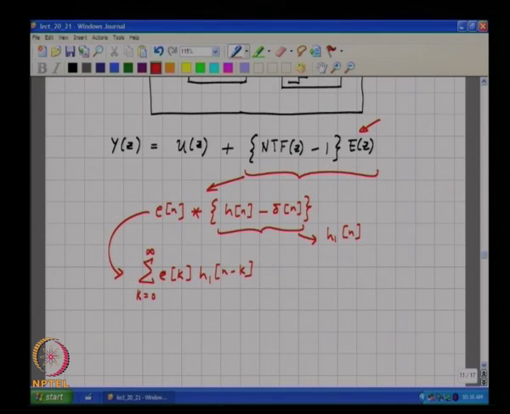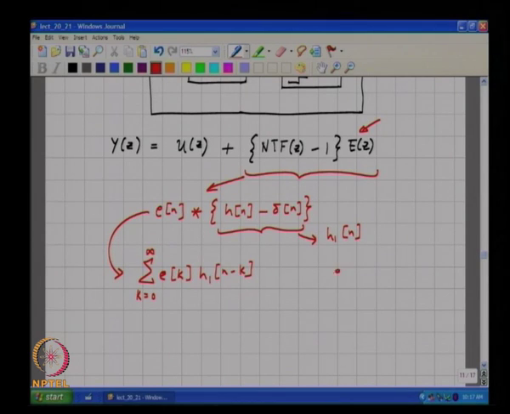So, this is the expression for the noise process which is riding over the input at the input to the quantizer. Okay. Now, to find a bound on this, what do you think you can do?